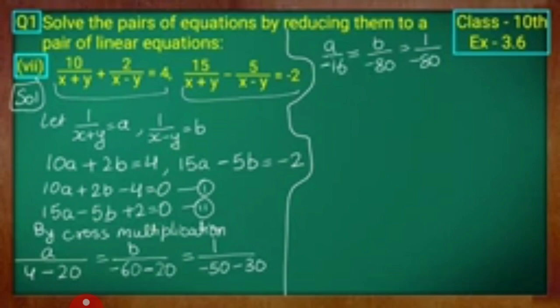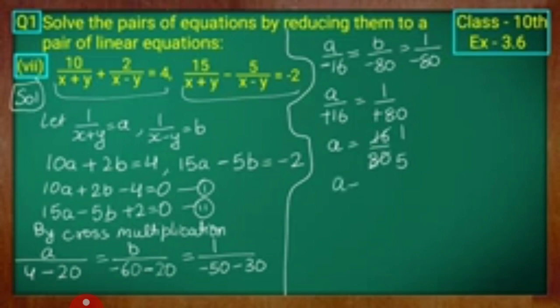Now to find the value of a, we have to take the first and last term. A upon 16 is equal to 1 upon 80. So by cross multiplication, a is equal to 16 upon 80, so a is equal to 1 upon 5.